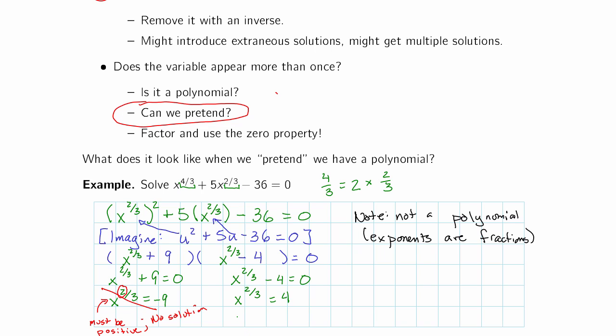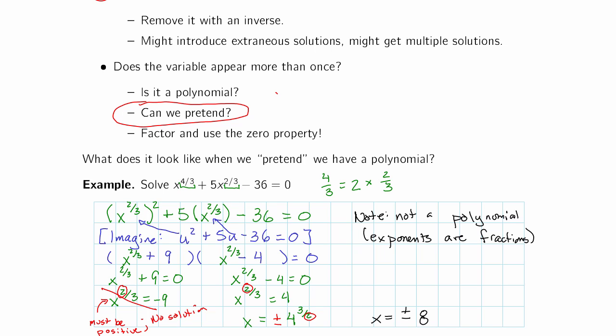Over here, we have x equals 4 to the 3/2. Again, this is even, so we need a plus or minus. We end up with x equals plus or minus 8.